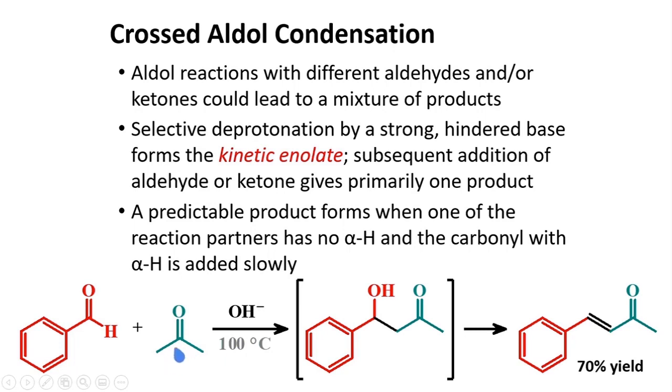Here, acetone only has one type of alpha hydrogen, either this one or this one, they are equivalent. And if you take a proton at one of these carbons, you will form your enolate, and this enolate can attack here to form the aldol reaction product. There will be no other reaction products here.